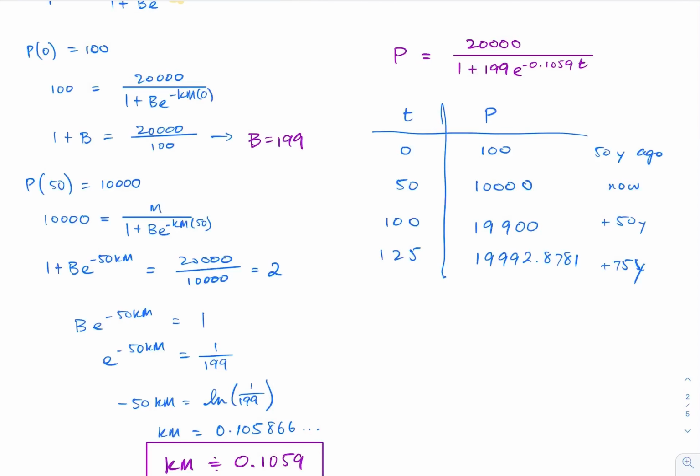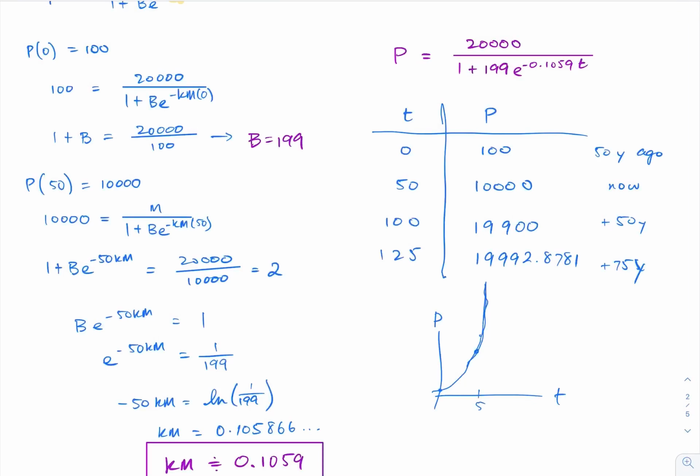The point is, if this is t and this is P, if you go from 100 to like 10,000 in 50 years and it's exponential, then that's really skyrocketing, isn't it?